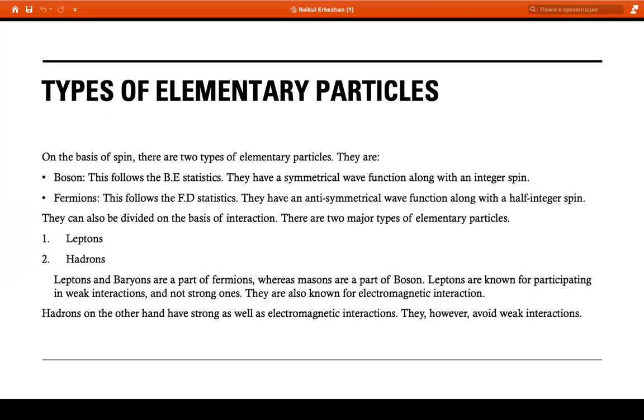They have an antisymmetric wave function along with a half-integral spin, and leptons and baryons are part of the fermions. Leptons are known for participating in the weak interaction and not the strong one, and they also take part in the electromagnetic interaction.